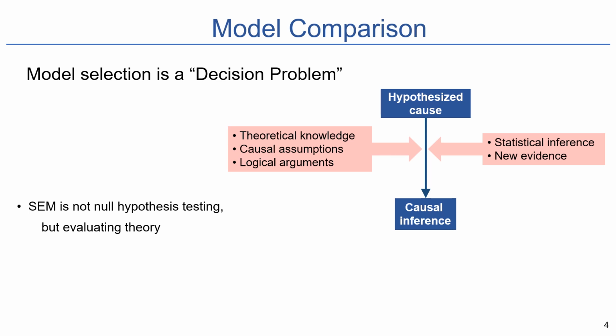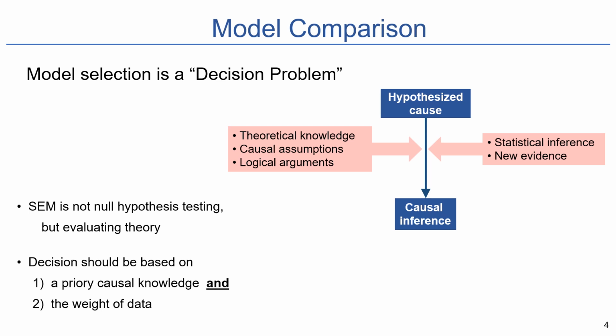We started with theoretical knowledge from literature, or from assumptions, or from logical arguments, or from previous data. Based on that, we built our hypothesized model. That's why, when we decide which links to include in a model, we should base this decision not only on the statistical evidence, but also on our a priori knowledge about the study system.